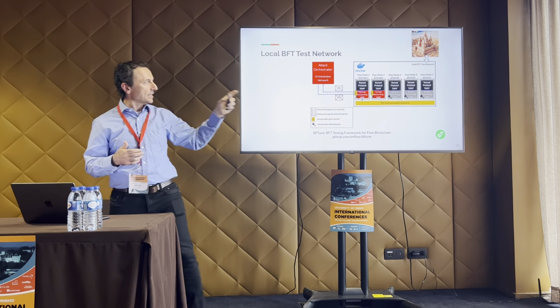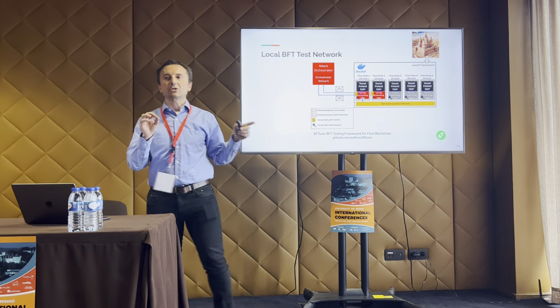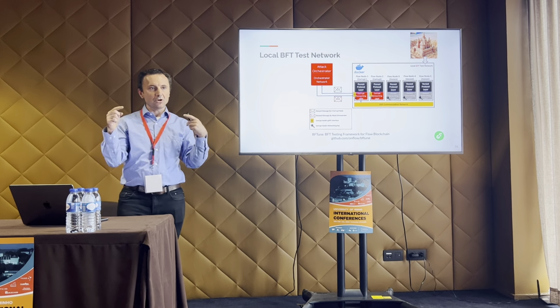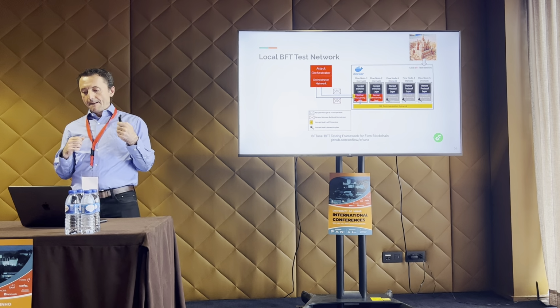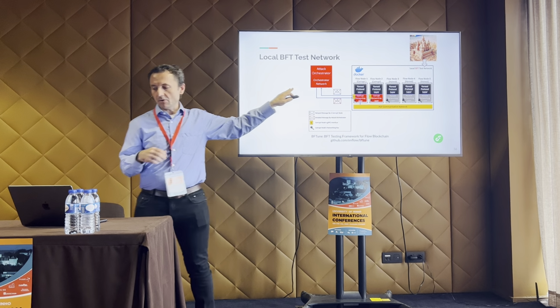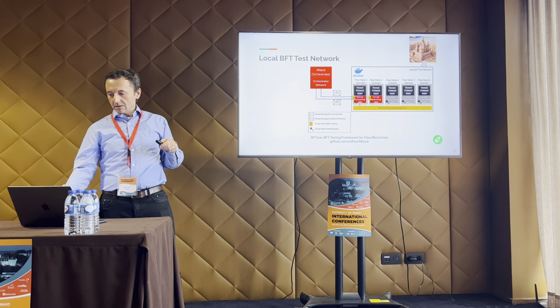It also has that yellow P2P communication network, which is our libp2p networking layer for the nodes to communicate with each other. And as you can see, the attack orchestrator runs outside of that. It could even run on a separate host.